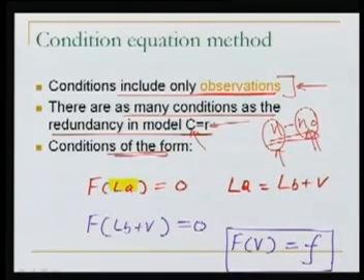LA stands for adjusted observations. So basically we are writing our conditions of this form, in terms of adjusted observations, LA. Now LA, which is adjusted observation, is LB, which is observed in the field, plus V, the residual, because finally LA is our final estimate, the adjusted observation.